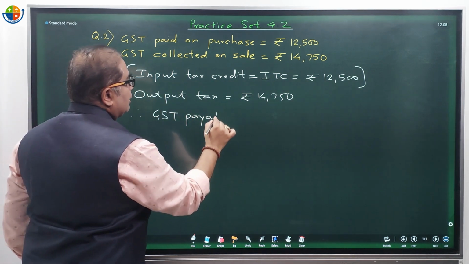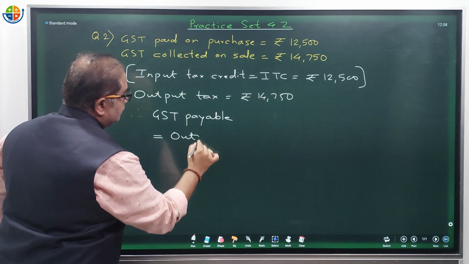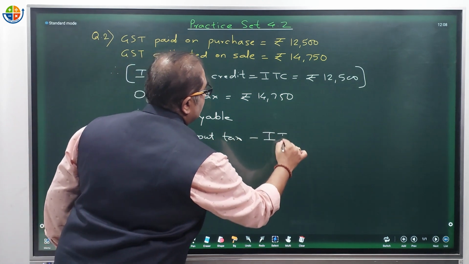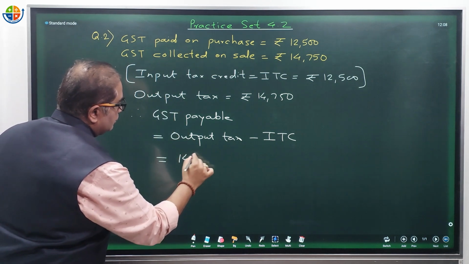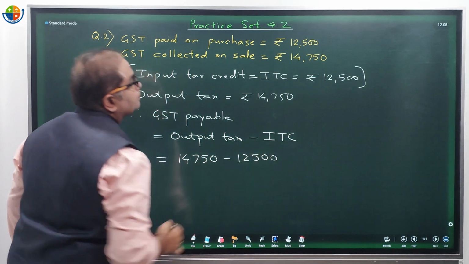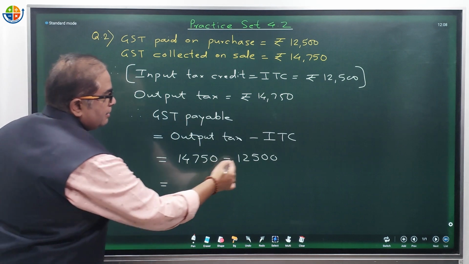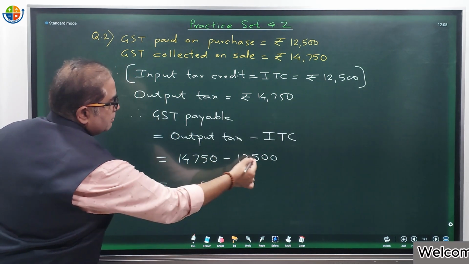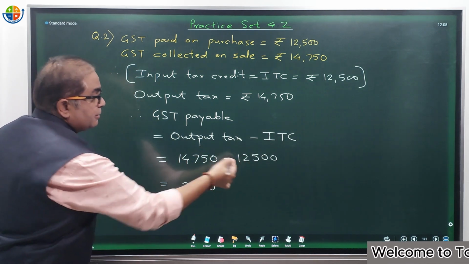कितना GST पे करना होगा? It is equal to output tax minus ITC, input tax credit. So that is 14,750 minus 12,500. है ना? तो सब्ट्रैक्शन करेंगे. 0 minus 0 is 0, 5 minus 0 is 5, 7 minus 5 is 2, 4 minus 2 is 2, 1 minus 1 is 0.